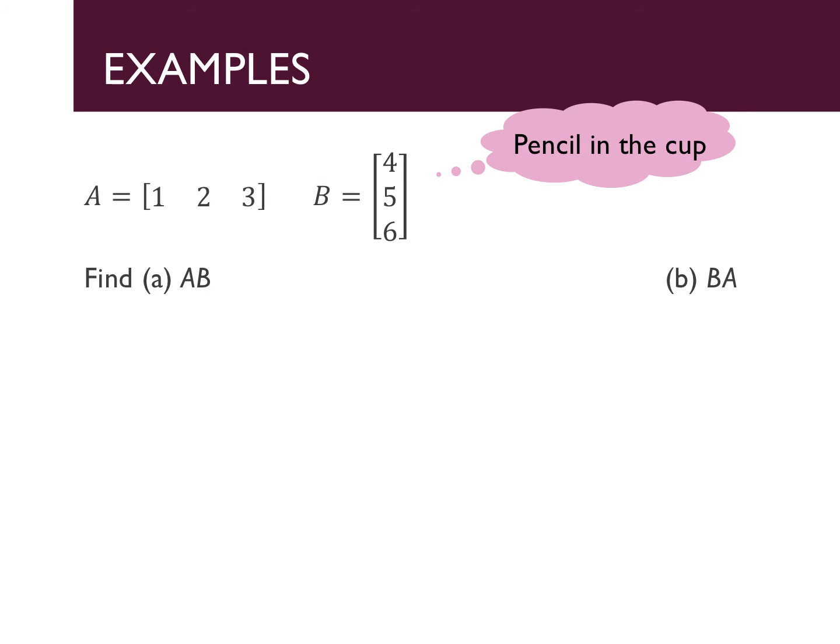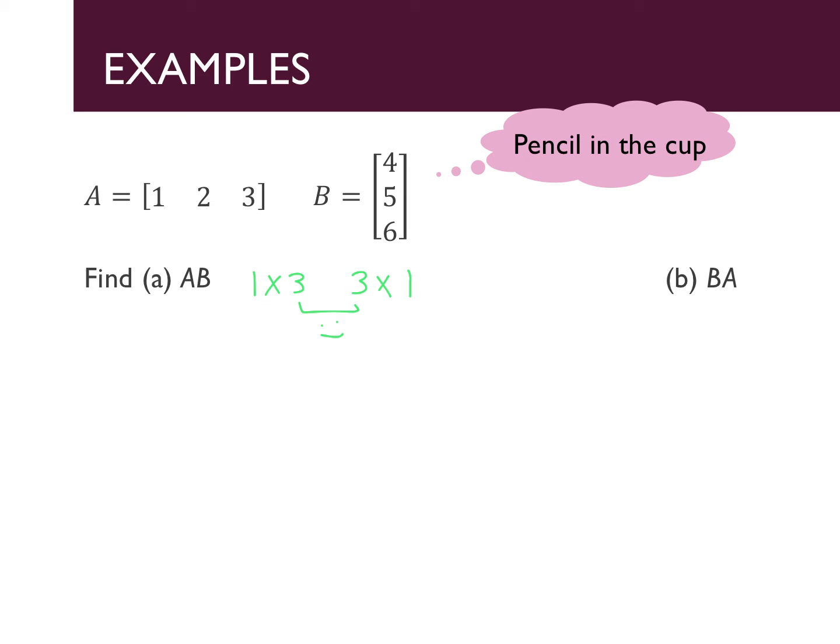So if we look at another example, notice we are going to multiply the two matrices. The first thing we'll do is find the order. So the order of matrix A is a 1 by 3 matrix, and the order of matrix B is a 3 by 1 matrix. And because the threes match, we know we're going to have a 1 by 1 matrix.